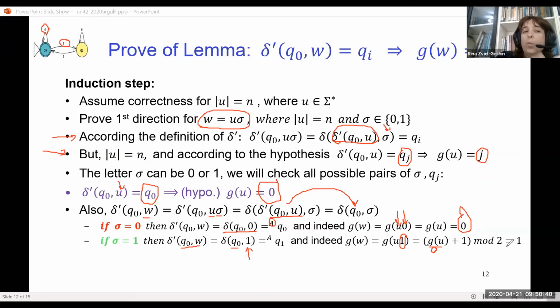So in the automaton, we move either to state Q1 or stay in the state Q0, but the meaning is that the function G over W either stayed equal to 0 or changed to 1.